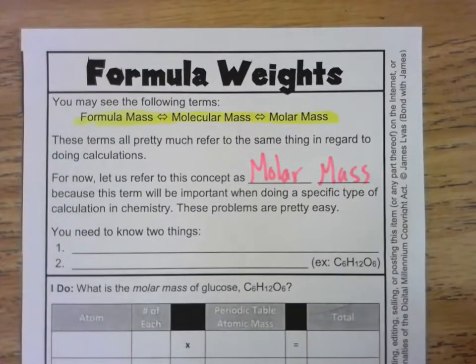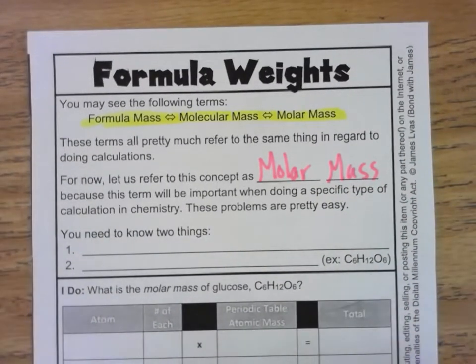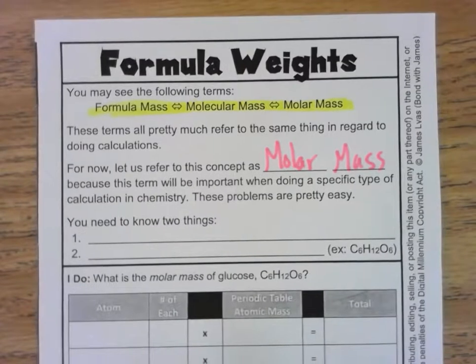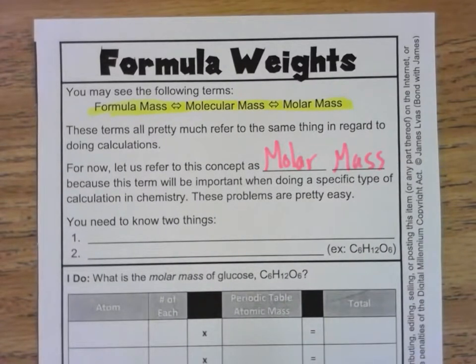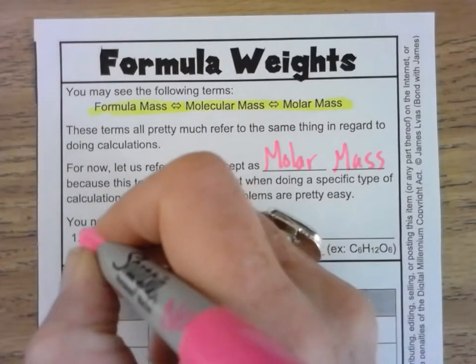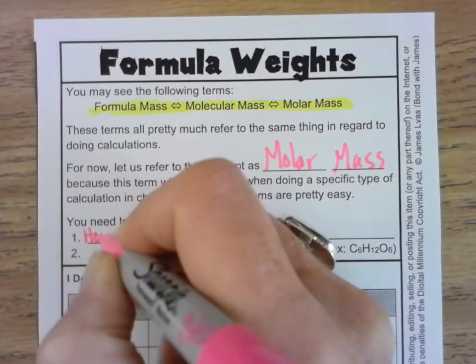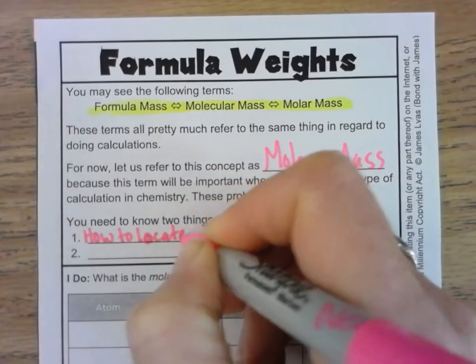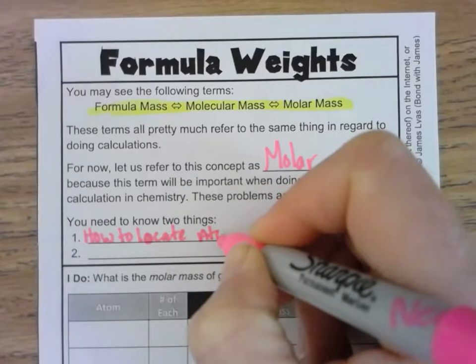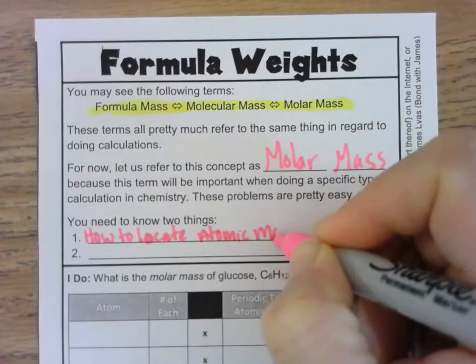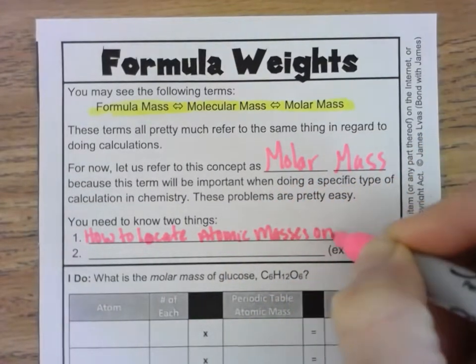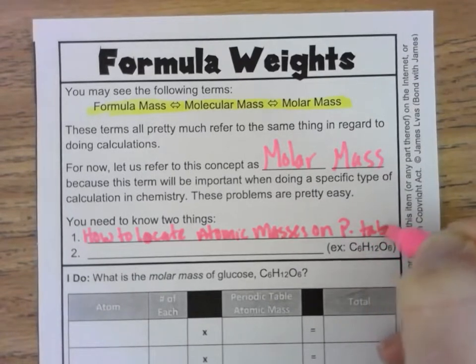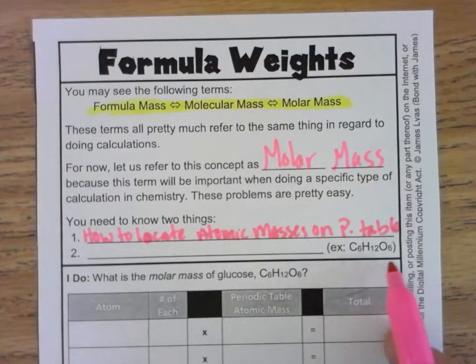This term is super important in doing lots of different calculations in chemistry. There are two things that you need to know. You need to know how to locate atomic masses on the periodic table and how to count up atoms and formulas.